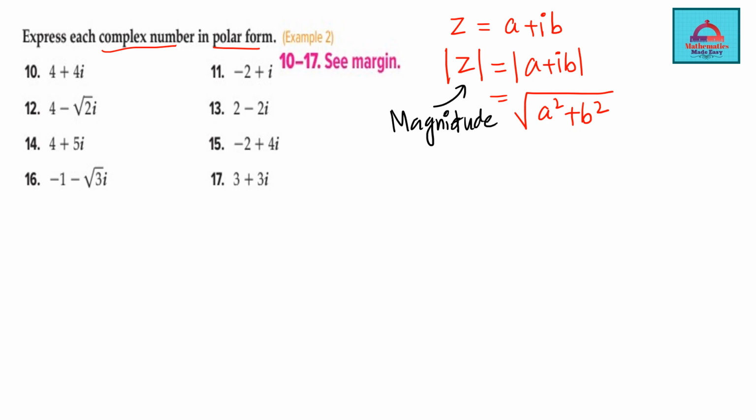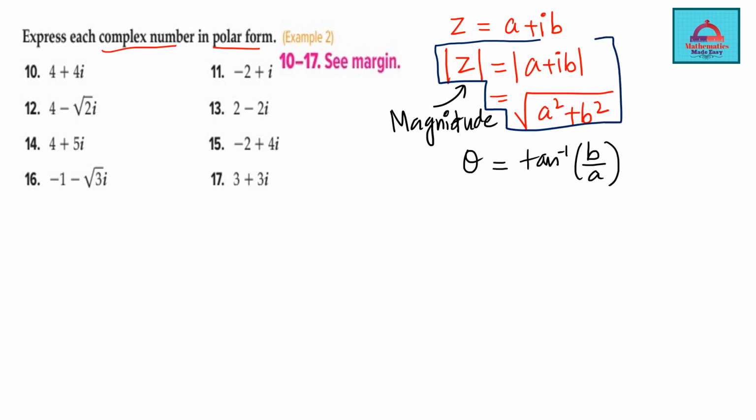Now the angle of the complex number. The angle is given by tan inverse of the imaginary part divided by the real part. So these are two important pieces of information. I'm just highlighting them here. This is the magnitude formula, this is the angle formula. The magnitude is also denoted by r.